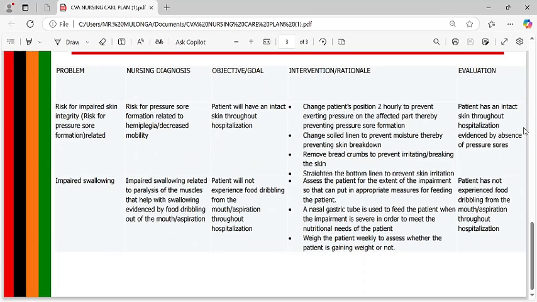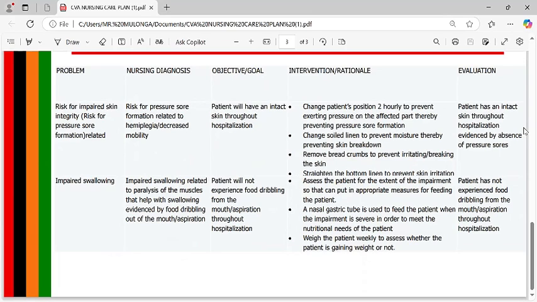The fourth point is: I will straighten the bottom linen to prevent skin irritation. When the beddings we use are wrinkled, especially the bottom linen, those wrinkles are going to irritate the skin.